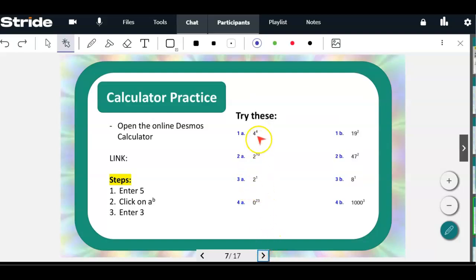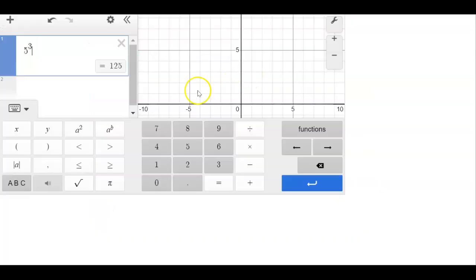All right, let's try a few of these. I'm just going to do a couple for this recording, and then you can pause the video and practice some others. So let's do 4 to the 4th power. So we're going to do 4, raise that to the 4th power. It's 256.